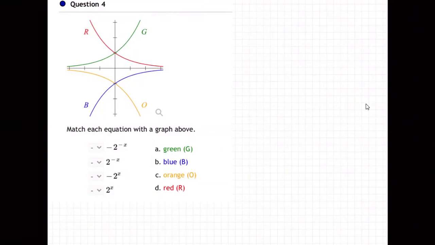So I'm just going to grab this first equation, bring it up here, and graph it. So I'm going to go y equals -2 to the minus x. Now I'm just going to go through the steps, take the equations one at a time, and graph them and see which one's which.